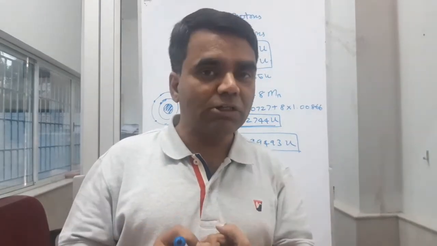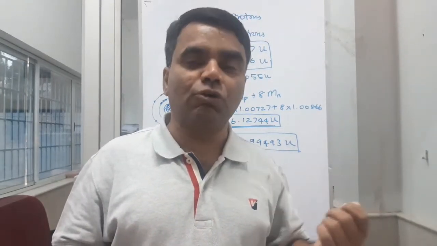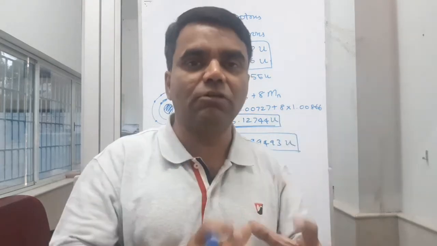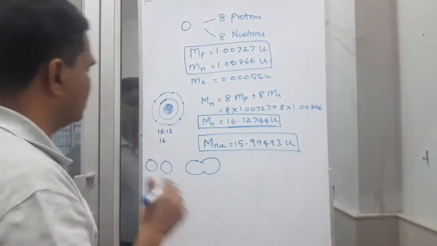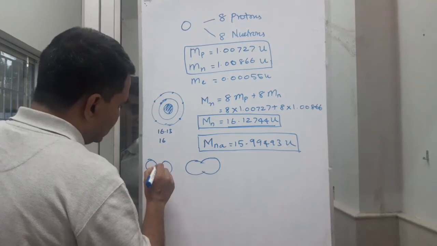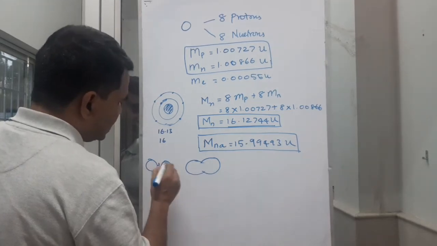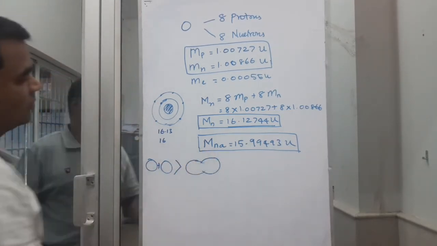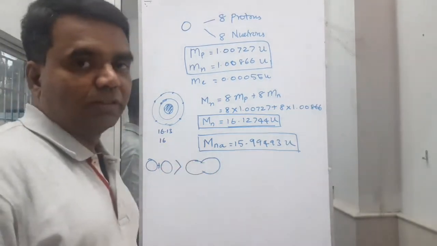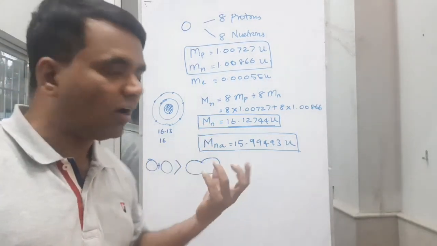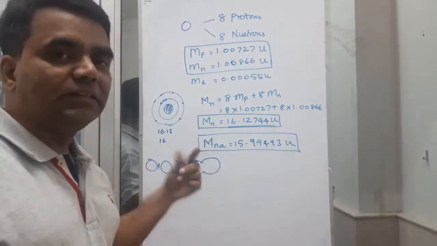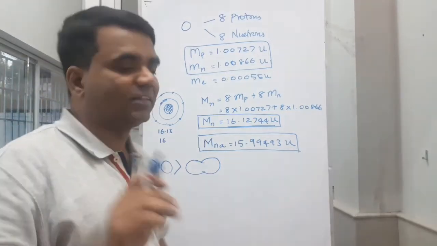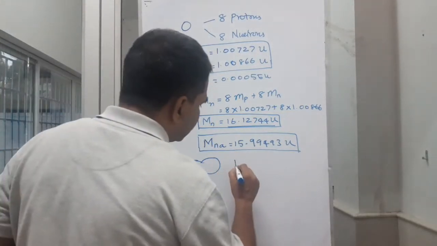A proton is a nucleon, and a neutron is also a nucleon. Anything that is in the nucleus is called a nucleon. So you bring two nucleons, then you have this. The mass is always greater than once it's joined. You call this difference in the mass the mass defect.